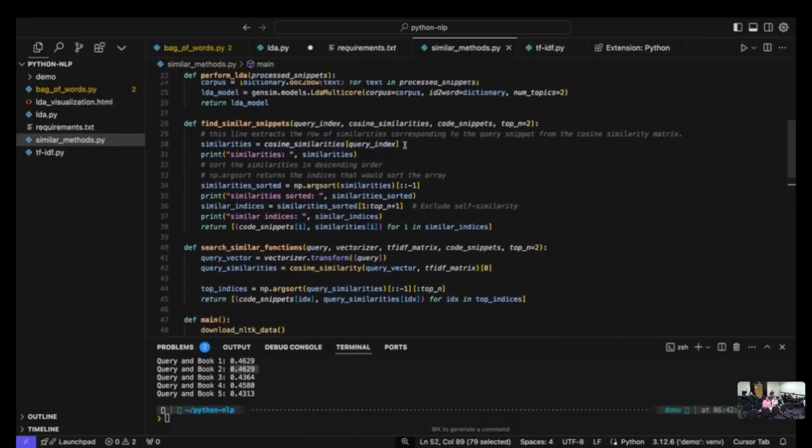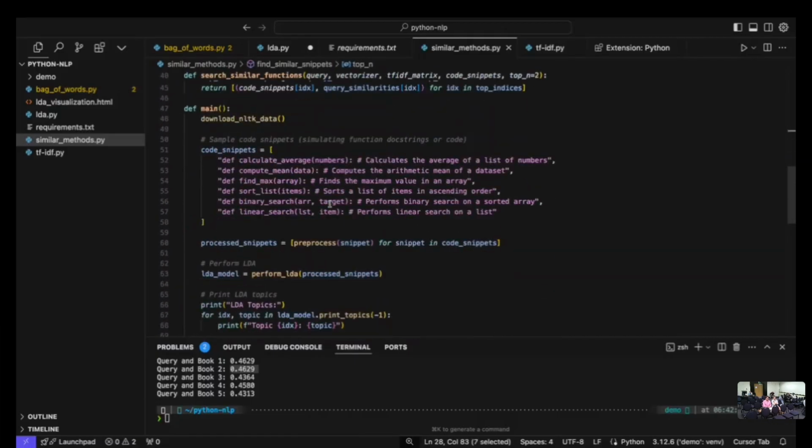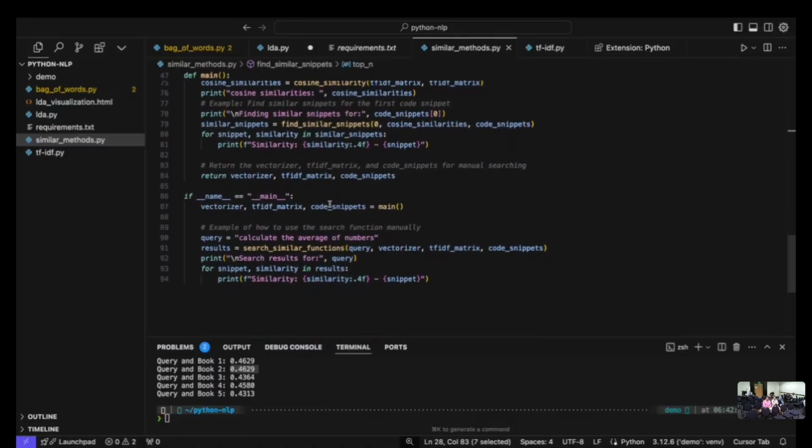And once we get that similarity, we will actually sort the similarity in descending order. And after that, we will exclude. So we are actually taking from one and then up to the number of methods that we want, and that's what the result will get returned. Yeah, in this case, we can actually try running and see what would be the output here.